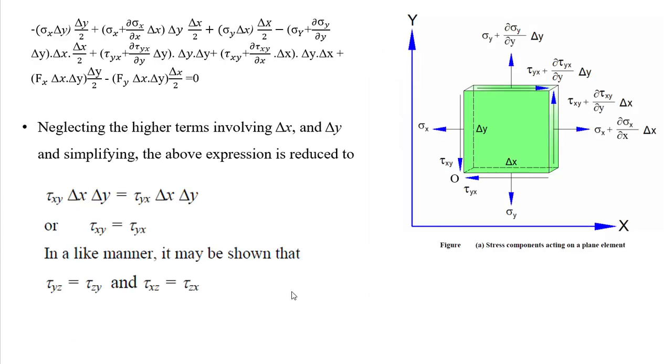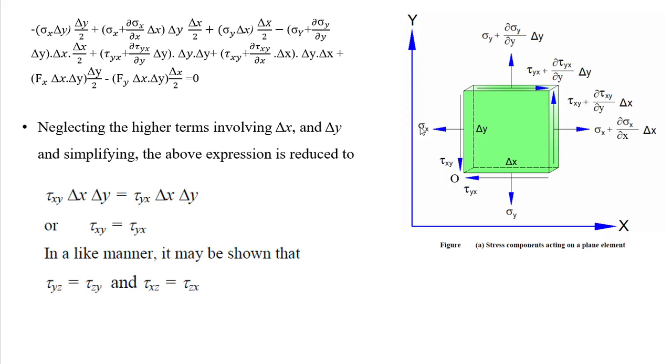Here you can see this is the element, which is carrying different stresses, and I'm going to take moment about this corner point. The stress sigma x acts near the y-axis, and it is acting in the negative x direction.